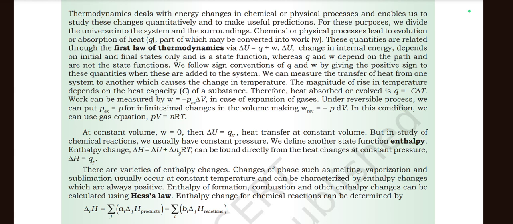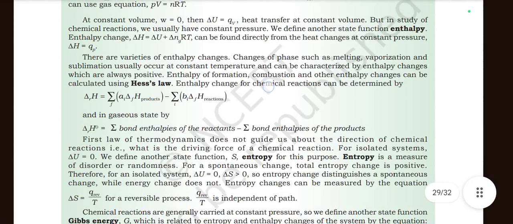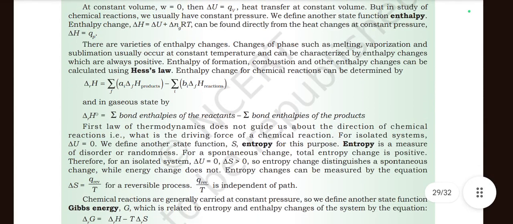Work can be measured by w = −p_ex ΔV. In case of expansion of gases under a reversible process, we can put p_ex = p for infinitesimal changes in the volume. In this condition, we can use the gas equation pV = nRT. At constant volume, w is equal to 0, then ΔU is equal to q_V.